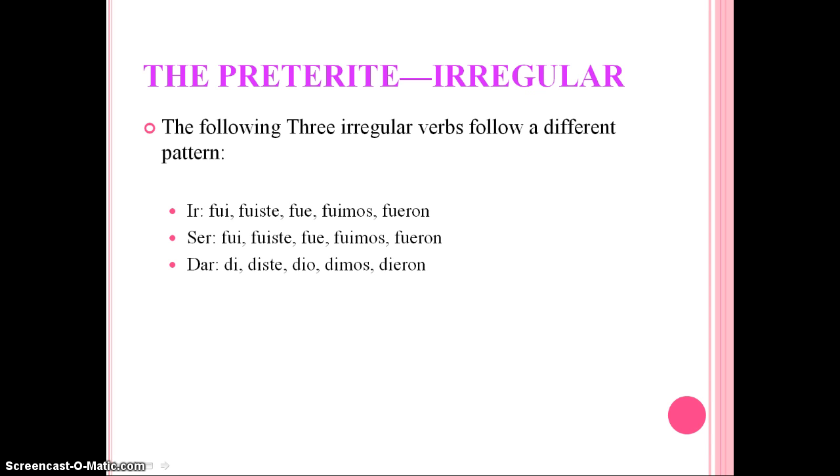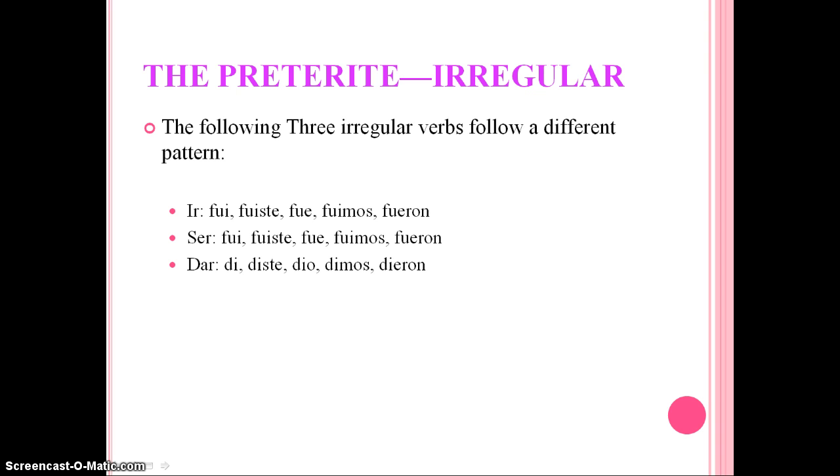There's an additional list of irregulars. If you remember these, we called them the F words last year, for ir and ser. Ir means to go, ser means to be, and the conjugation is identical for both. So fui, fuiste, fue, fuimos, and fueron.